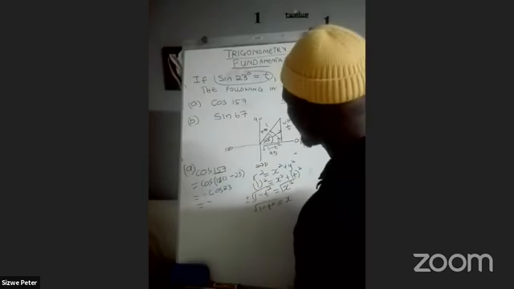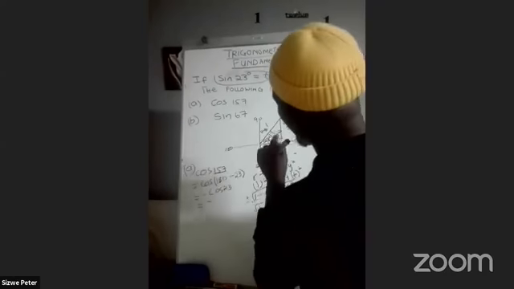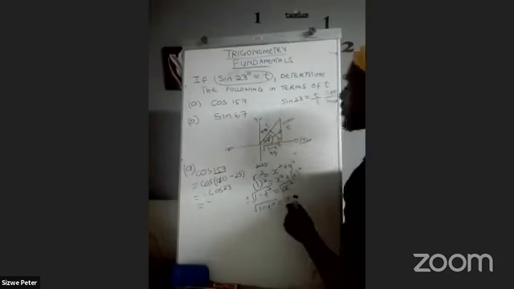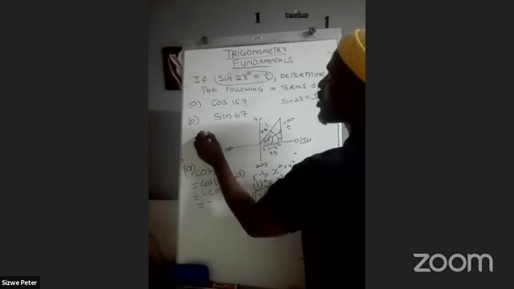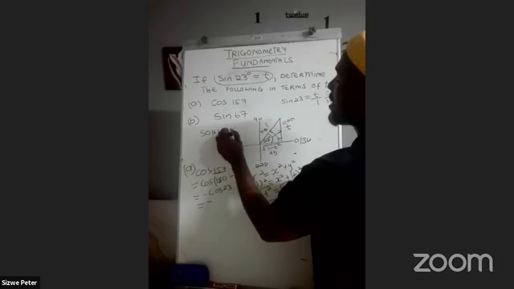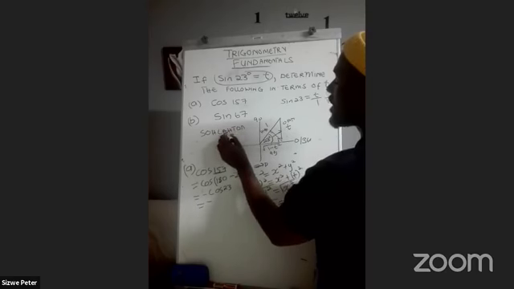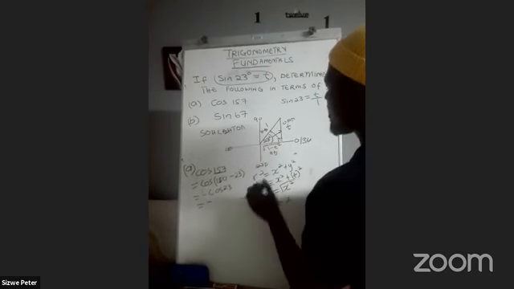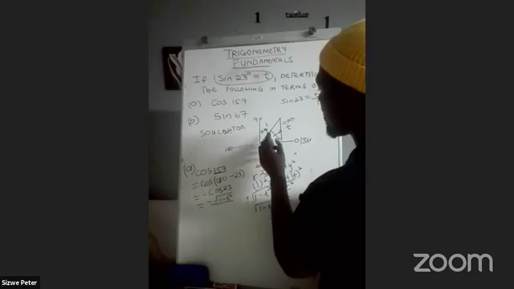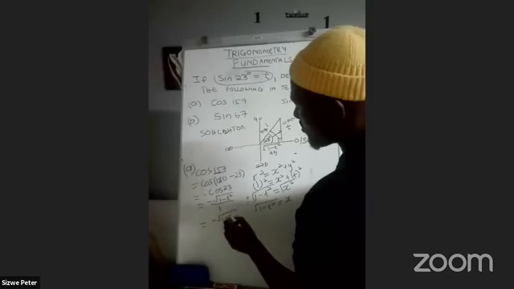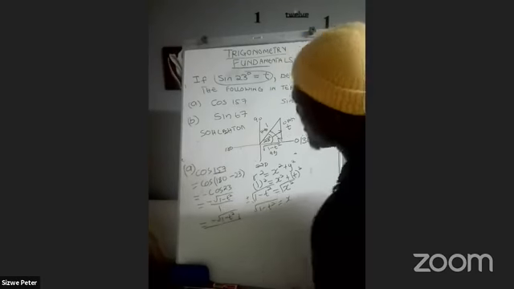From SOHCAHTOA, we know cos is adjacent over hypotenuse. My adjacent is the square root of 1 minus t squared, over 1. So the answer is negative the square root of 1 minus t squared. That is the answer.